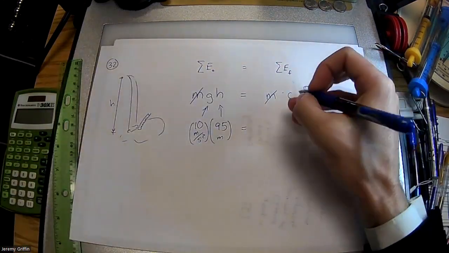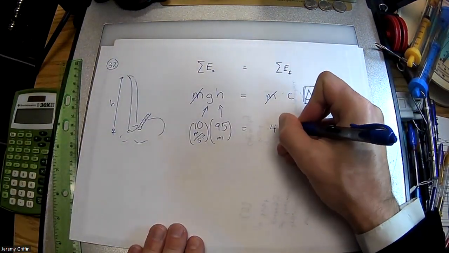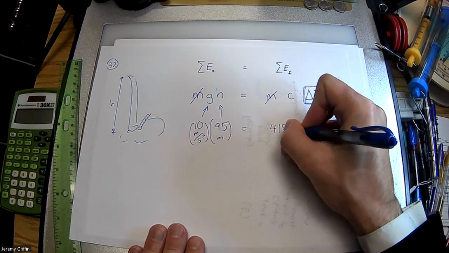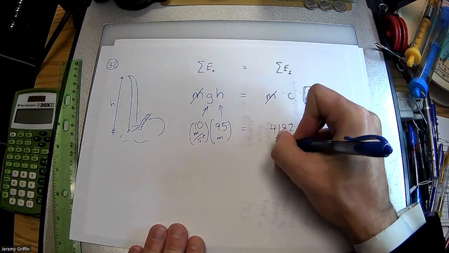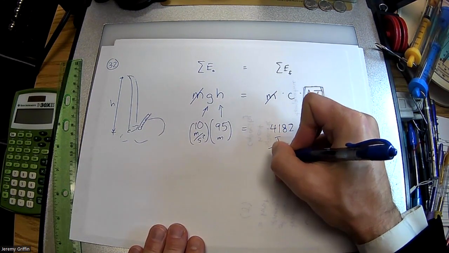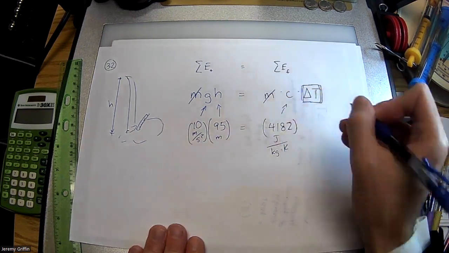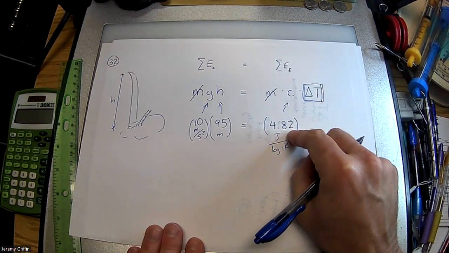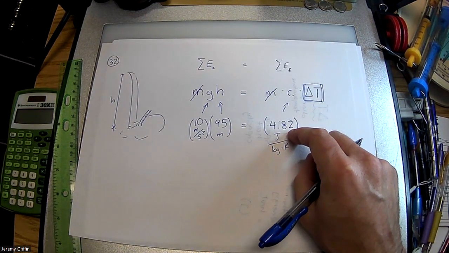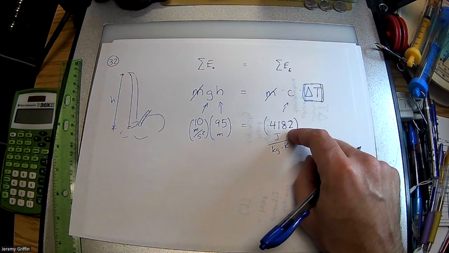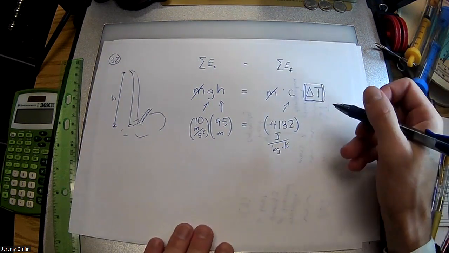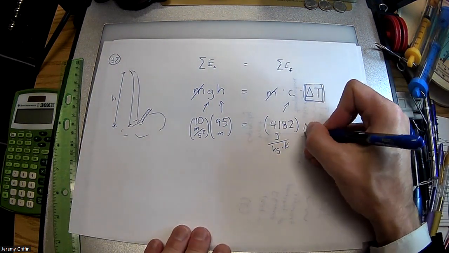I said it's 4,182 joules per kilogram Kelvin. I've seen slightly different versions of that number, anywhere between 4,180 and 4,186, so for the sake of time, I just copied that down. And here's what we're solving for.